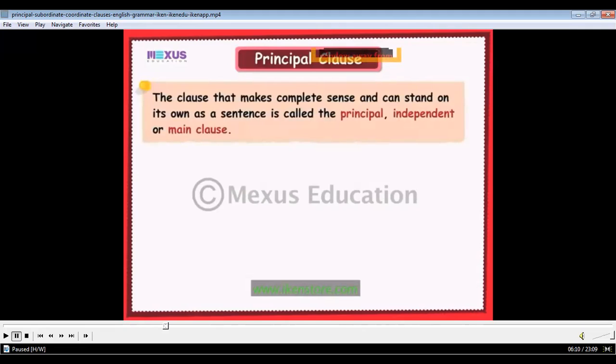The first part of the sentence is called the principal clause or main clause, the clause that makes complete sense. It means that if we only read the main clause, or the first part of the sentence, and it gives us the complete sense, we don't need to read the second part of the sentence to understand the first part. Which means that the first part of the sentence which can give us the complete sense, we call it the main clause or the principal clause.